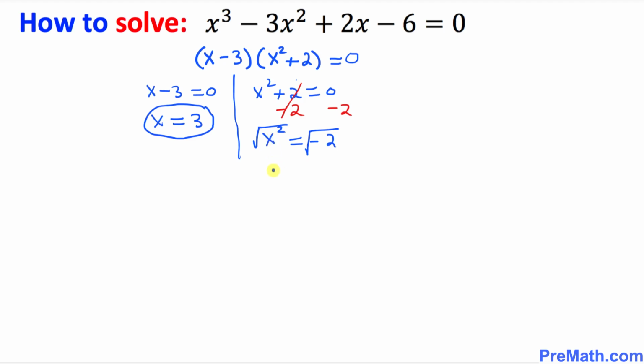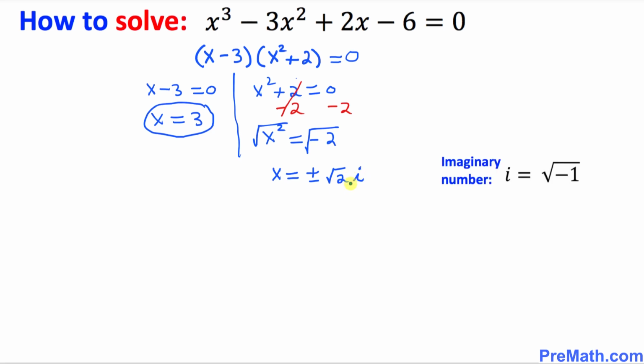So on the left hand side, this is going to give you x equal to plus or minus. Always remember, when you have a negative sign inside a square root or radical sign, this becomes an i. So this is going to be simply square root of 2 times i. Here you can see this i, the imaginary number, is always equal to square root of negative 1.